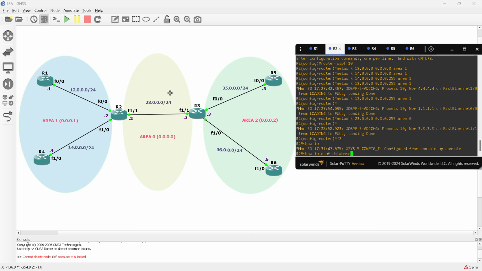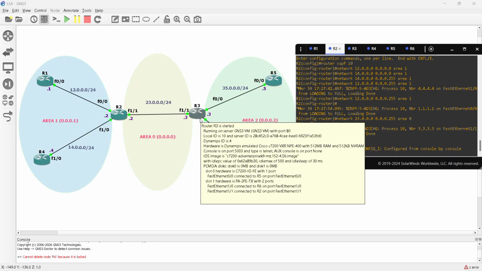After that, how many type 1 LSA will it have for area 1? For area 1, it will have 3 type 1 LSA: R1, R2 and R4. Now, how many router LSA will it have for area 0? For area 0, it will have 2 router LSA: R2 and R3.